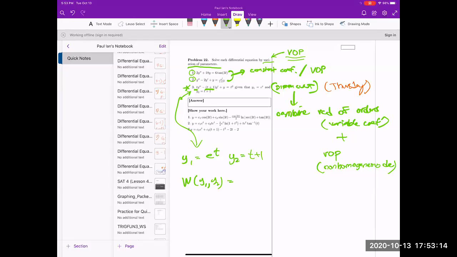And this guy would be, let's see, e^t, t plus 1, e^t, and 1. Non-zero independent, non-zero independent.